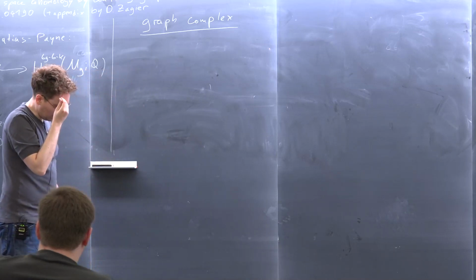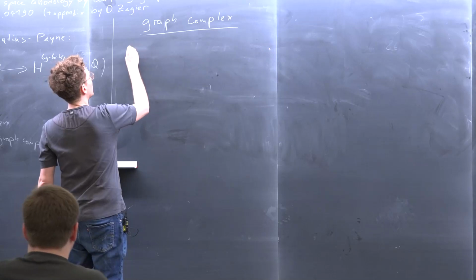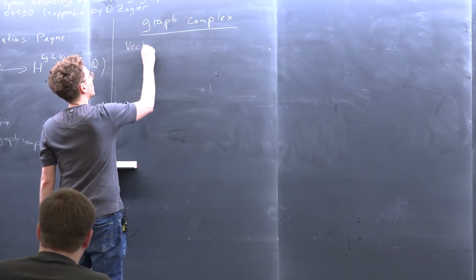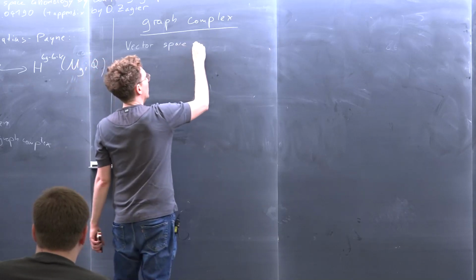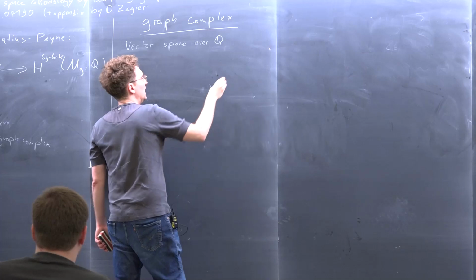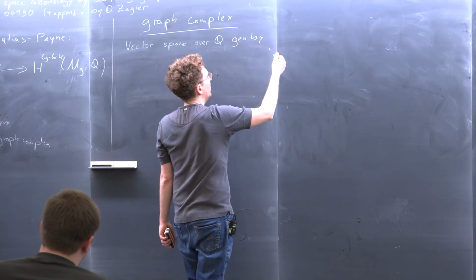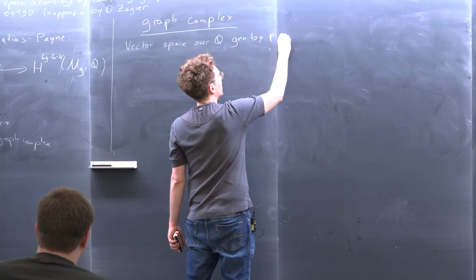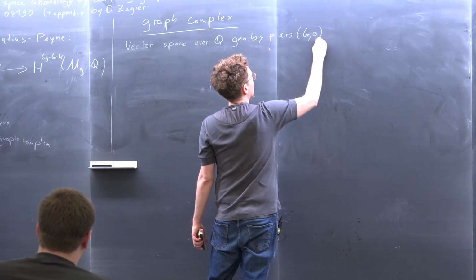So this graph complex is also just a vector space, say over the rationals. And it's generated by pairs G and sigma.